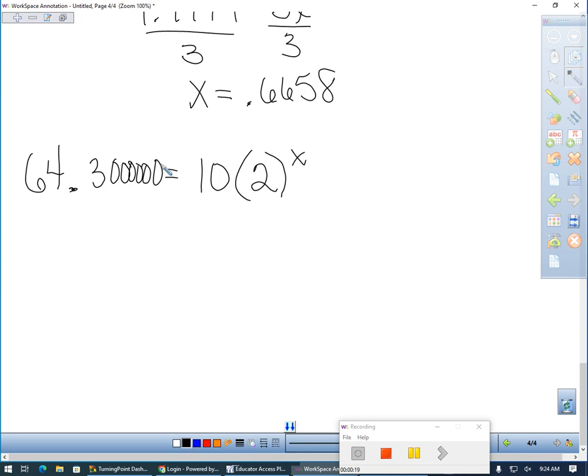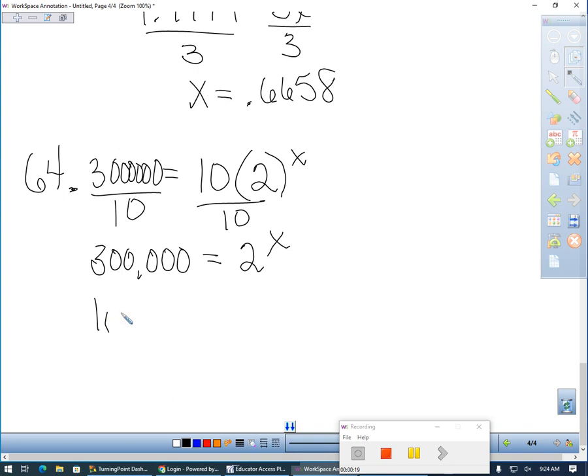All right, now we have to solve for x. The first thing we're going to do is divide both sides by 10, which cancels out the zero. So I have 300,000 equals 2 to the x. Now I have to change something that's an exponential into log in order to solve for x. So the base of my exponent is the base of my log: log base 2 of 300,000 equals x.